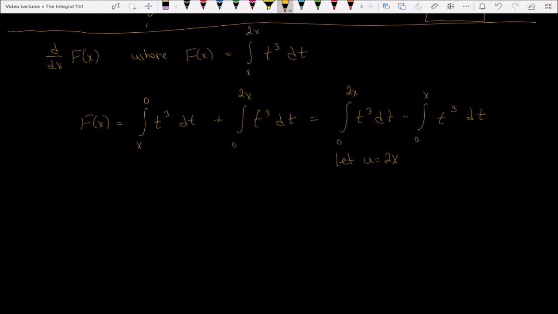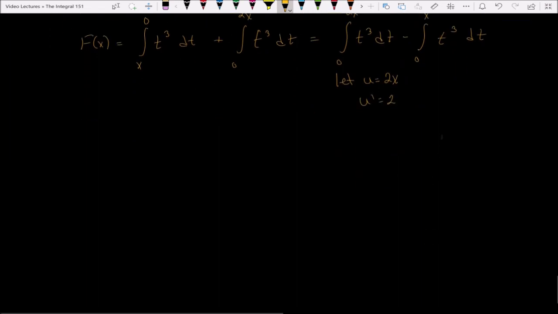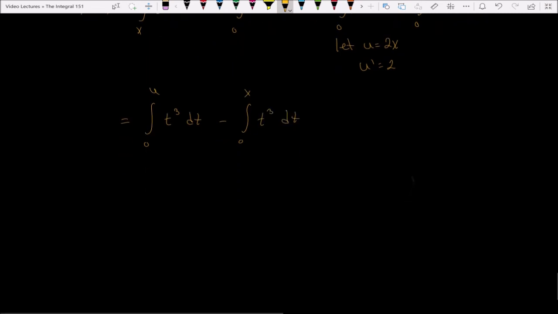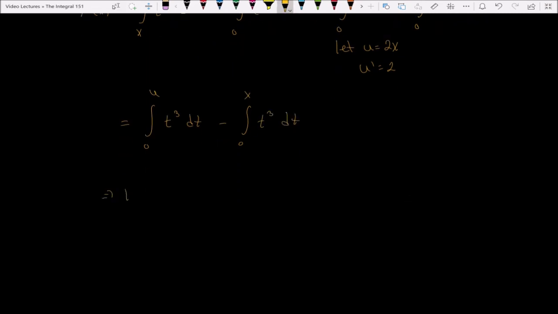For the first, we're going to say let u be 2x. u prime would be 2. And so we can write f of x now as the integral from 0 to u of t cubed dt minus the integral from 0 to x of t cubed dt, which means that f prime of x is u cubed times u prime minus x cubed.